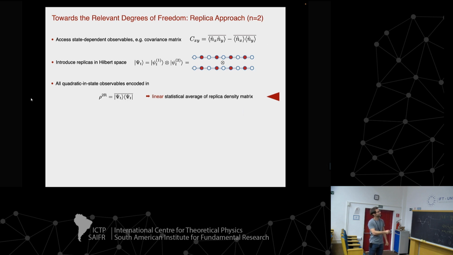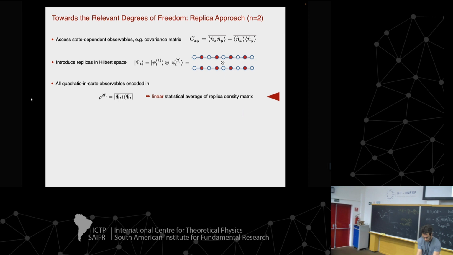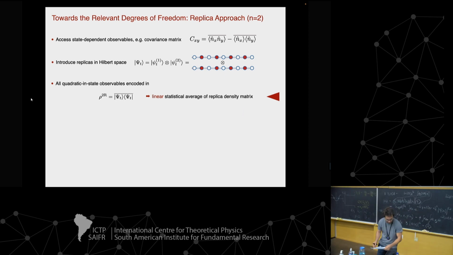And the statement, which I will demonstrate now, is that we can get this correlation function, which is nonlinear in the state, as a linear statistical average of this replicated density matrix. That's the trick. So we can compute these averages, nonlinear in the state, from a linear statistical average of a replicated density matrix. Let me demonstrate this in a second.